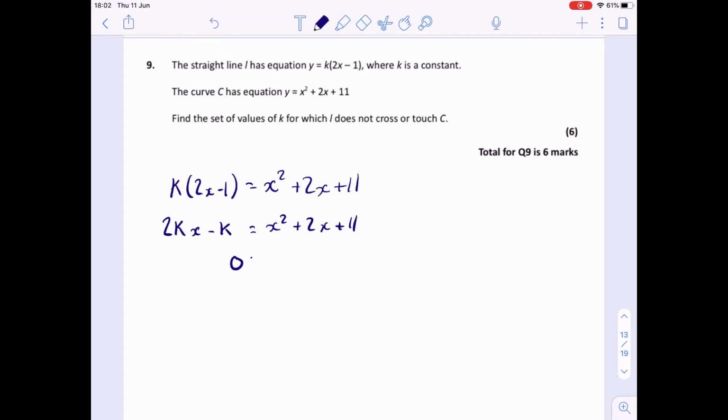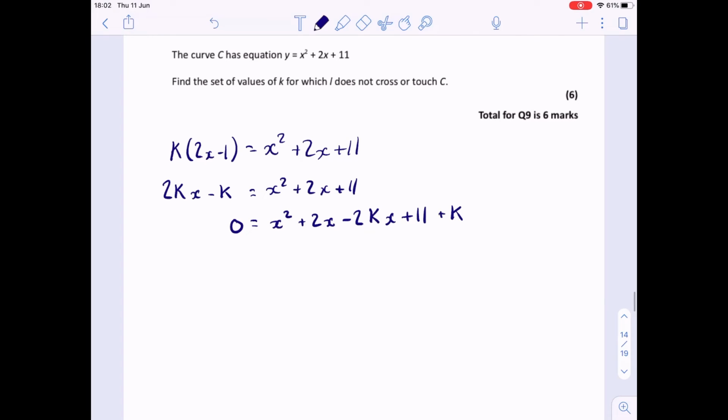And grouping terms on one side, 0 is now going to equal x squared plus 2x minus 2kx plus 11 and then plus k. Okay, so what I've done is I've also grouped the x's and the constant terms together at the end, because they're going to be important in our next step.